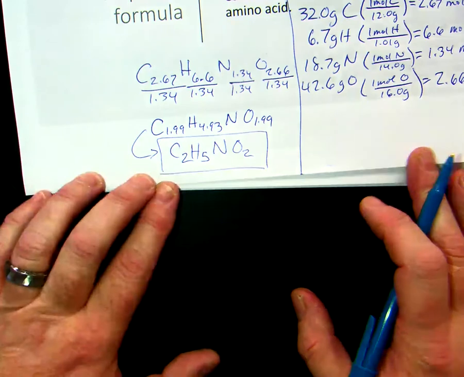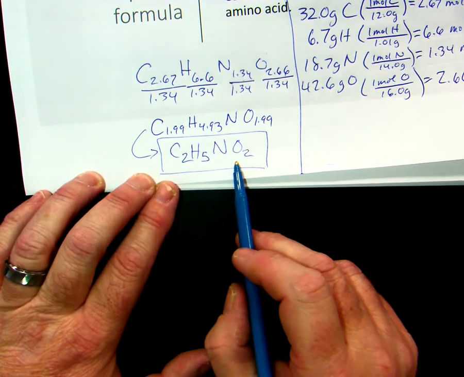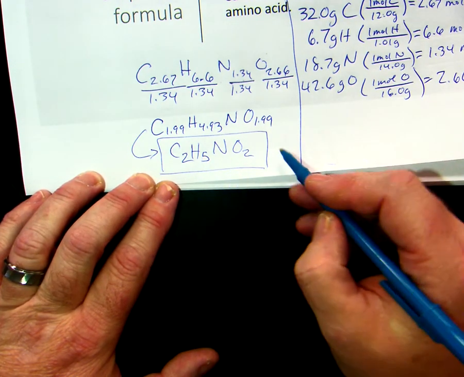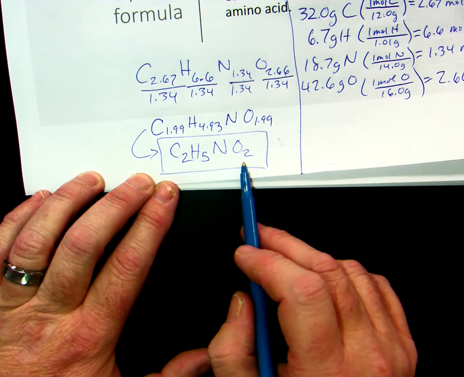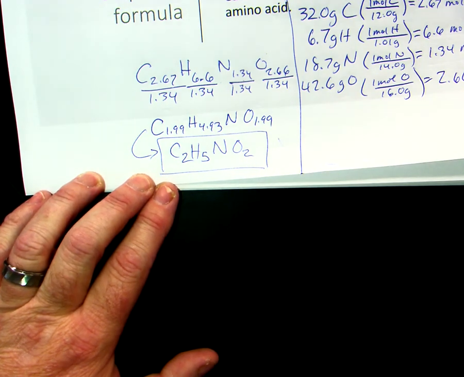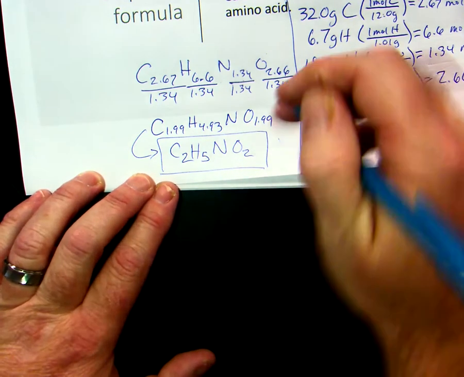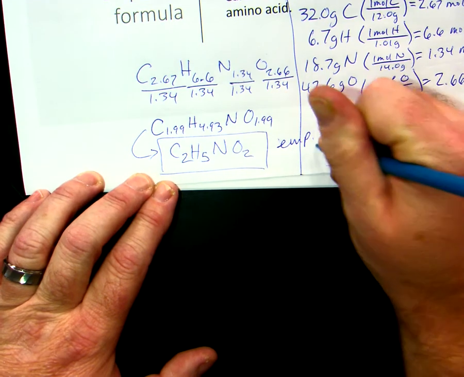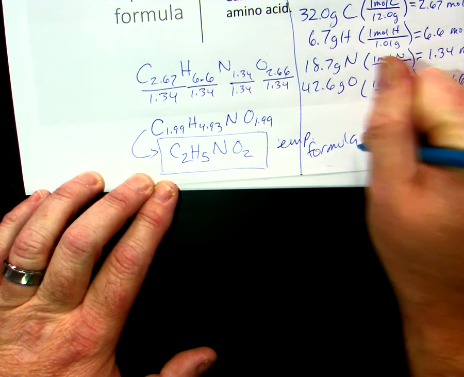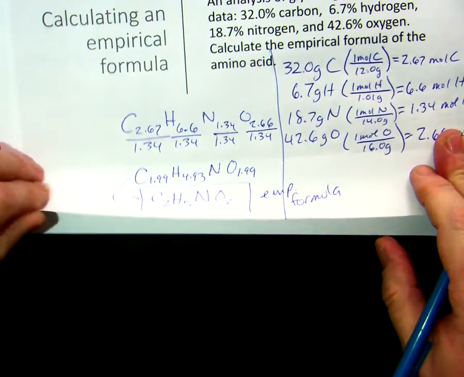Now, glycine's actual structure might be a multiple of this. There might be that conversion factor, like we had with glucose. But anyway, this is the empirical formula. All right.